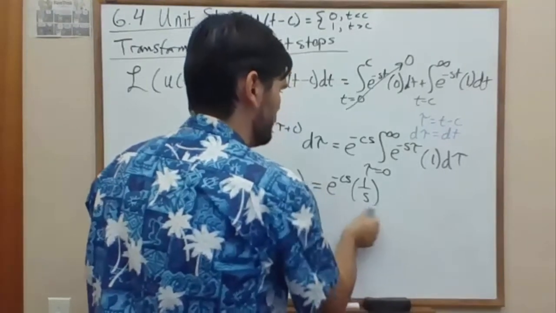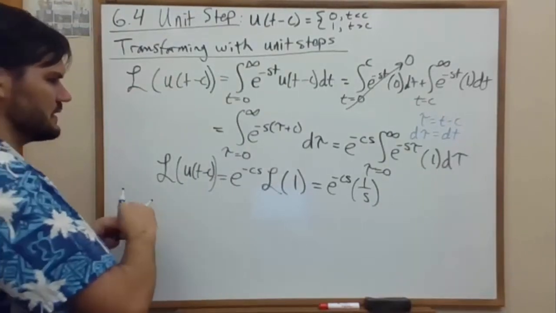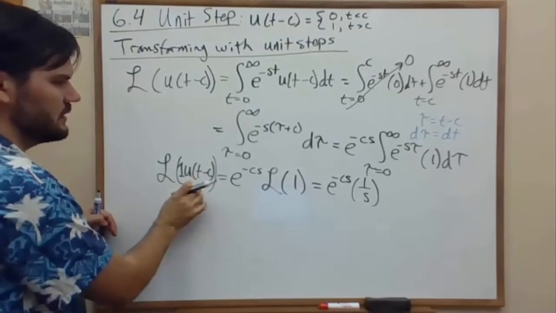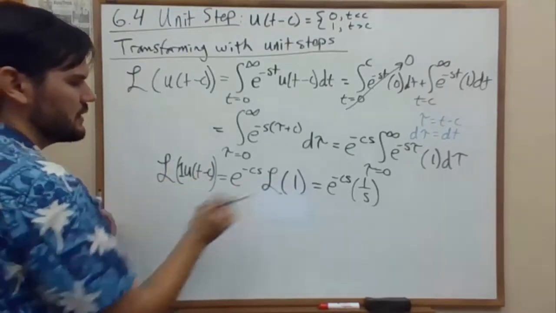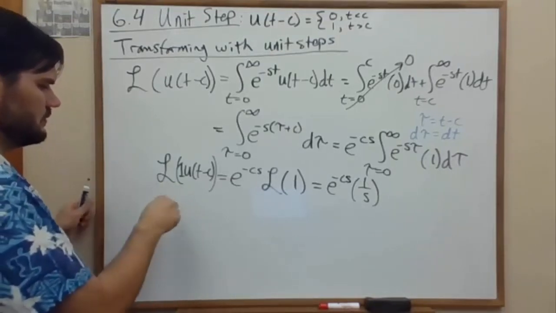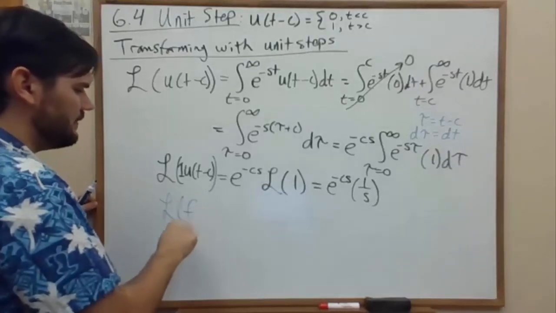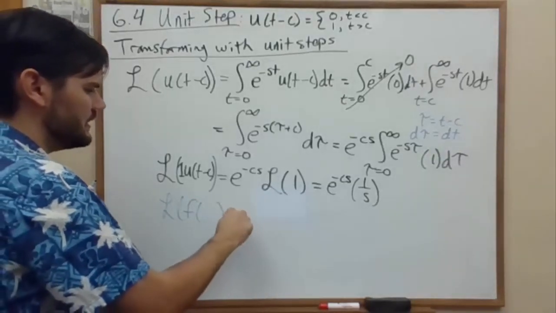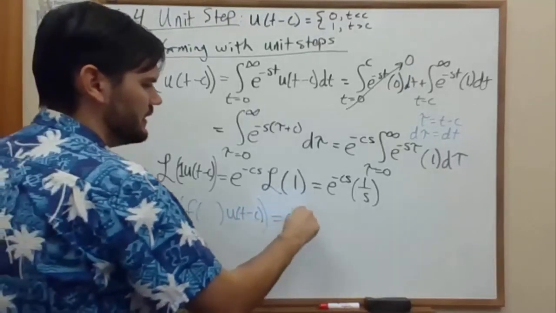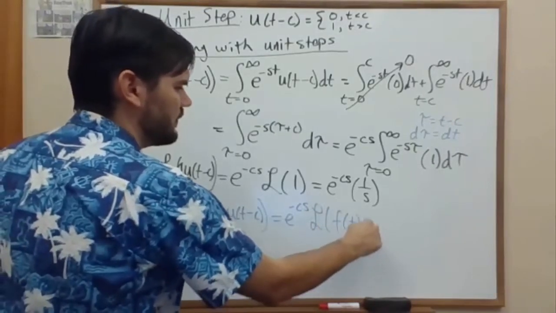So I guess I could say this is a 1 times unit step function is the e to the negative cs times the transform of 1. In the same way, we'll see that if we transform any function of t times a unit step, we'll get out e to the negative cs times the transform of that function.